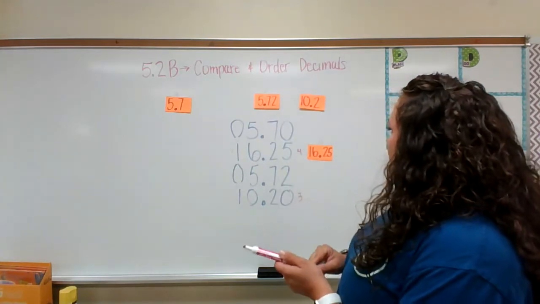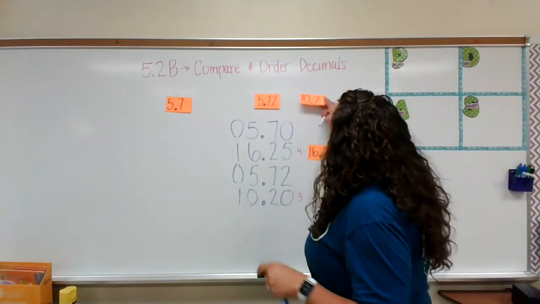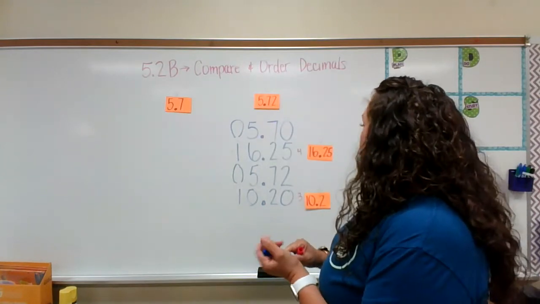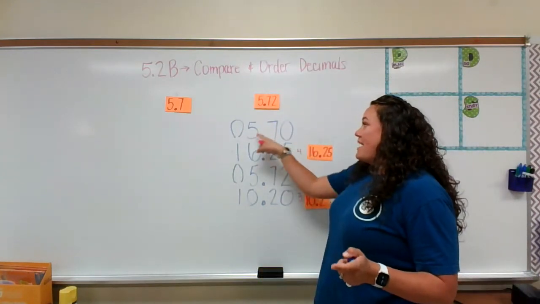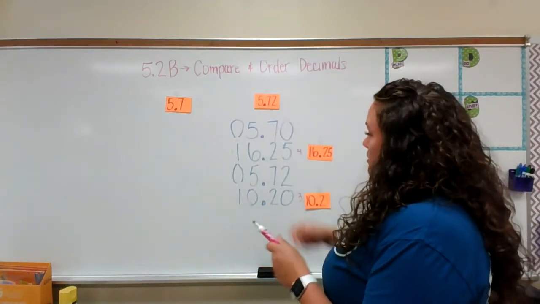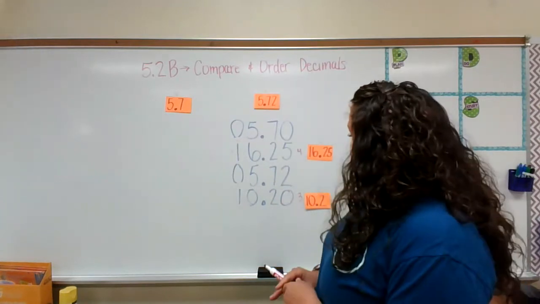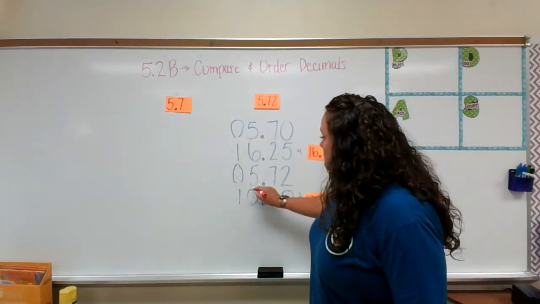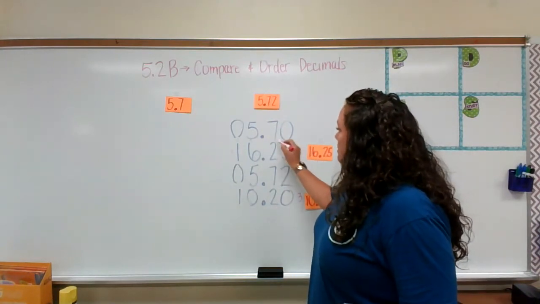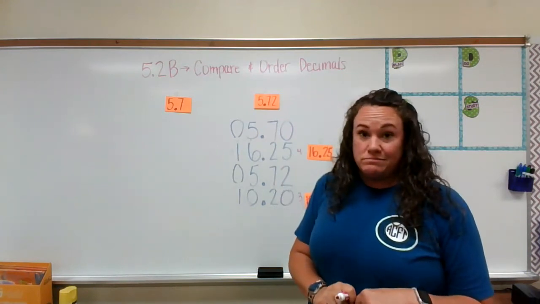Now I'm going to be comparing 5 and 7/10, which we made into 5 and 70 hundredths, and 5 and 72 hundredths. Since those numbers are the same, we have to go here. Here we have a 7 and a 7. Those are both the same too, aren't they?